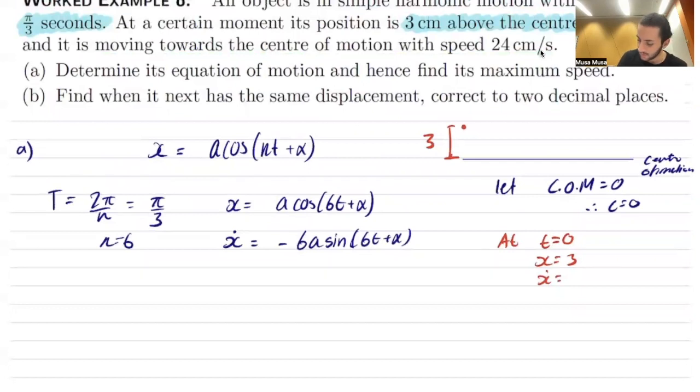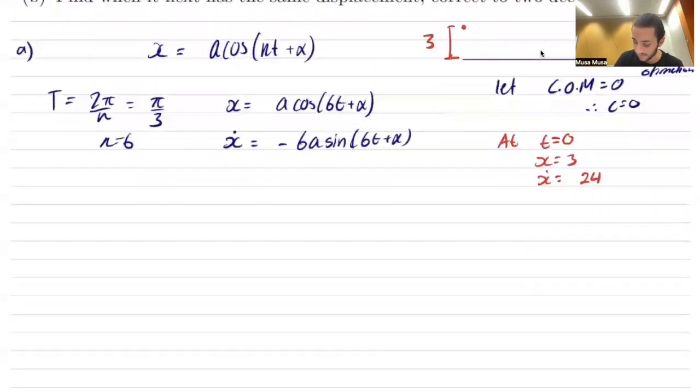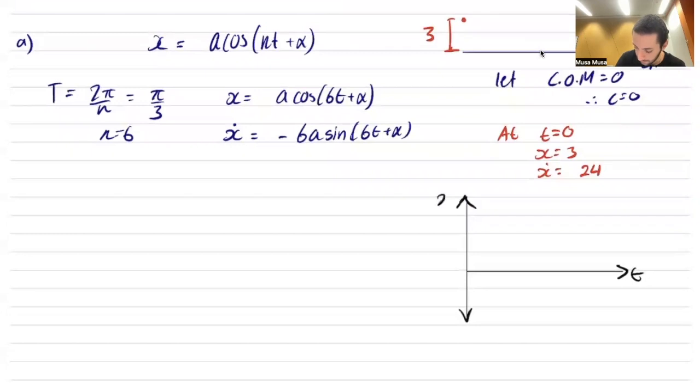So we shouldn't just put 24 here, because 24 means you have positive velocity. And what that might look like on a graph, remember this is x versus time, or displacement versus time. If you have positive velocity, it means the change in your displacement is positive, and therefore you're moving up, okay?